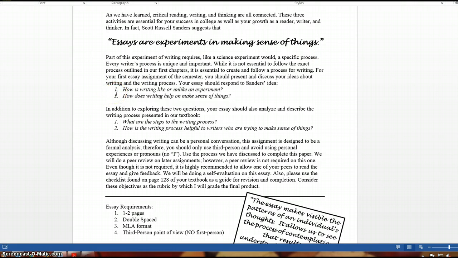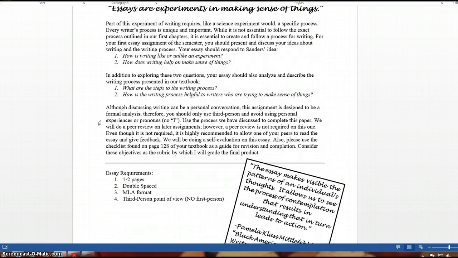How is writing like or unlike an experiment? How does writing help us make sense of things? Then you also want to talk about what are the steps of the writing process and how is the writing process helpful to writers. So those 4 questions there are the main point of your essay. This is what you're trying to get across to me and respond to.